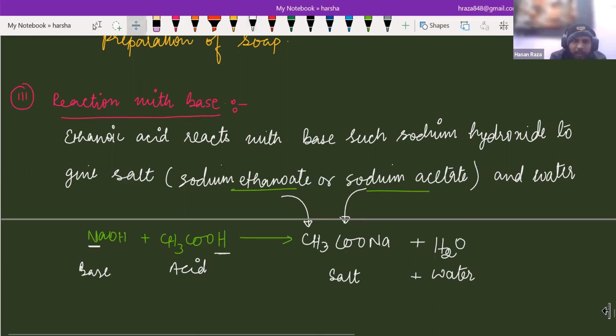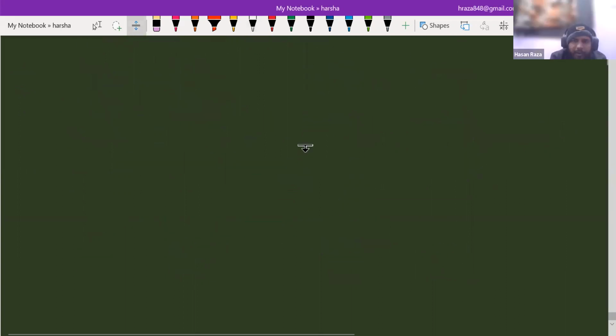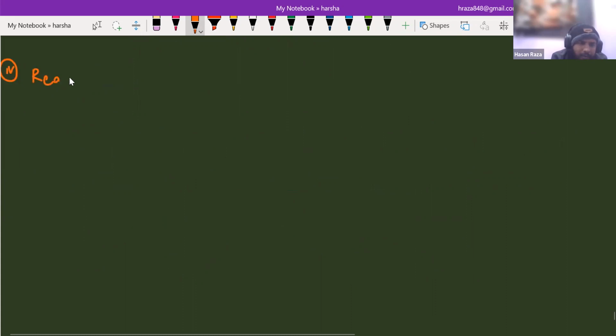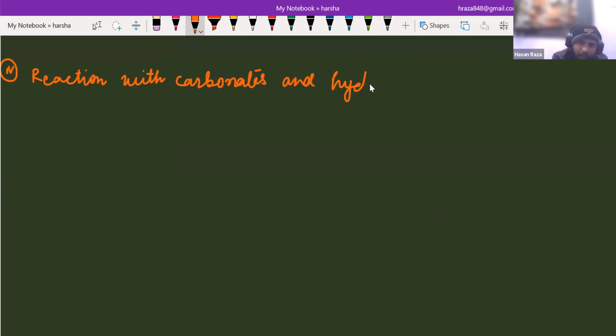Okay. Now the next reaction is basically the fourth, you can say, or the third. Reaction with carbonates and hydrogen carbonates.